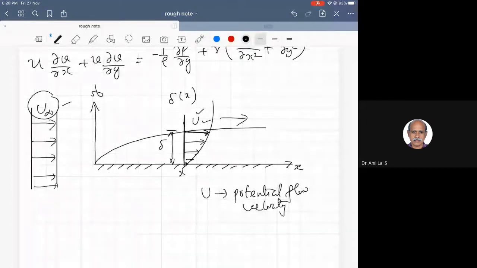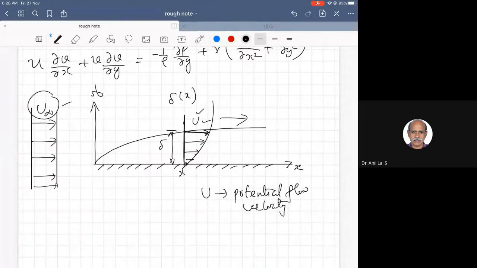And the boundary layer is a region where there is a velocity gradient and there is a displacement. That way, there is a component of velocity, small u and small v, and small u is a function of x, y. Small v is a function of x and y.